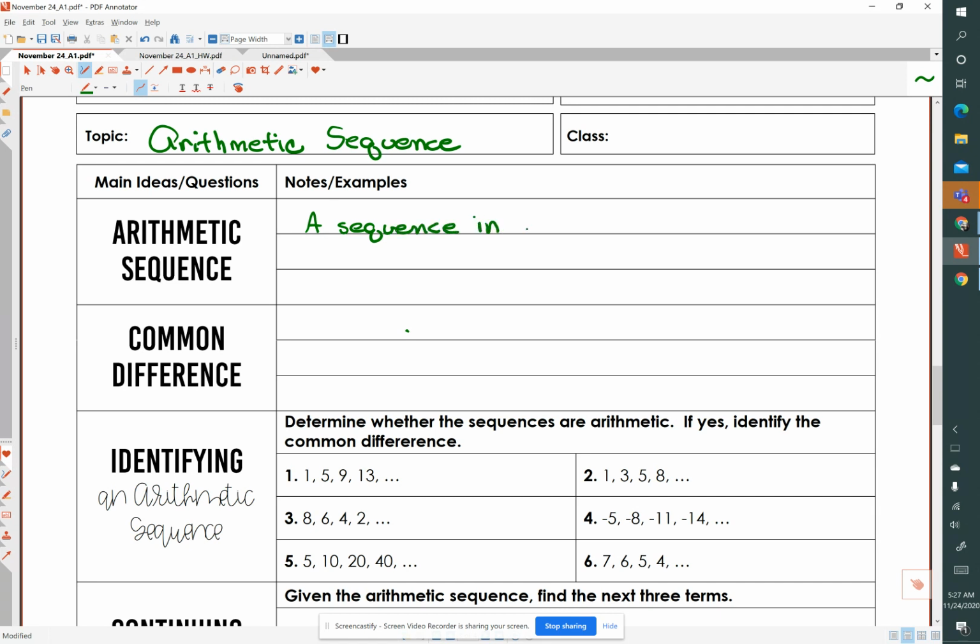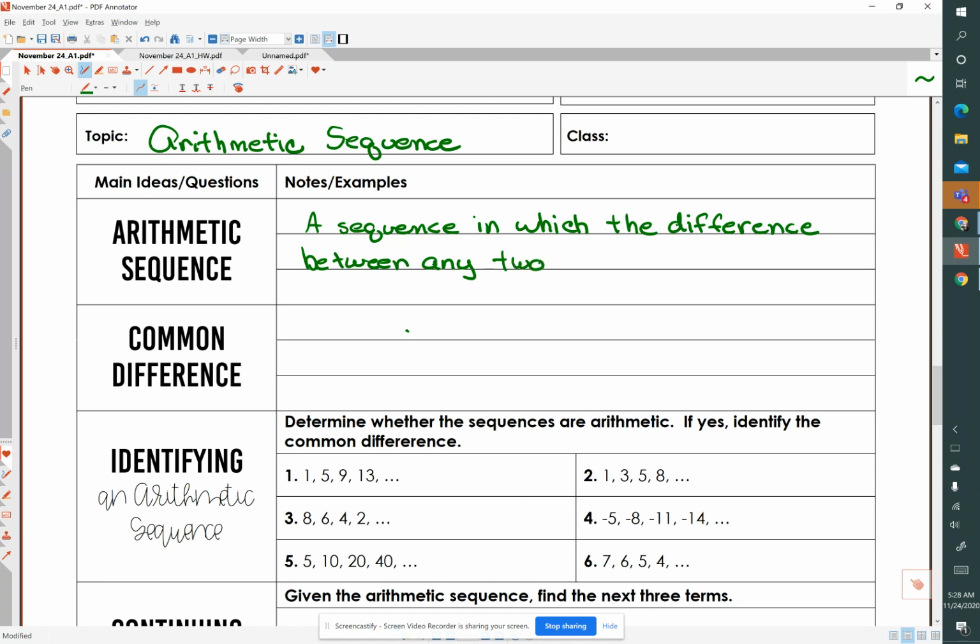A sequence in which the difference, so we've got some subtracting in mind, but not always, you'll see. The difference between any 2 consecutive terms.